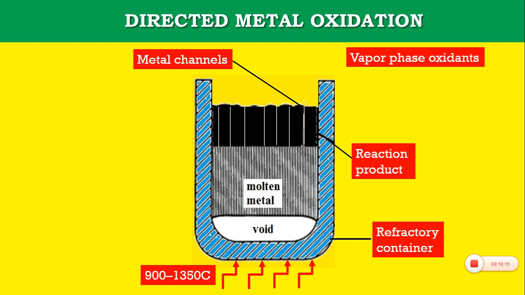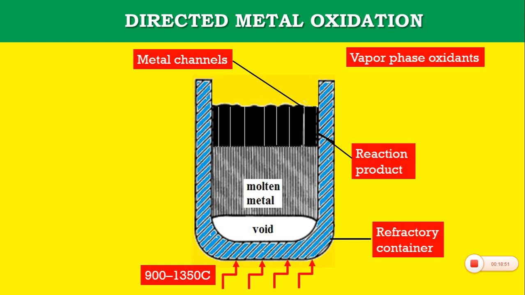The material produced in this way consists of two phases: the oxidation product, that is aluminum oxide, which is continuous and interconnected, and the unreacted metal alloys. The amount of unreacted metal is approximately 5 to 30 percent of the volume, depending on the starting material and the processing parameters, which is the temperature.